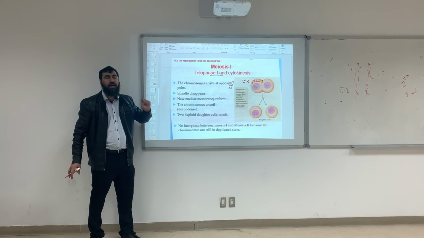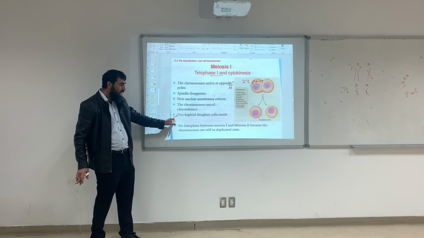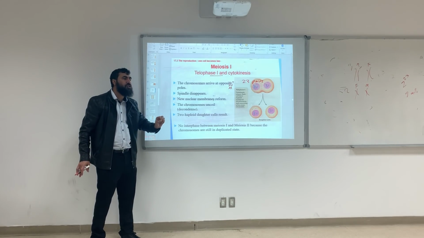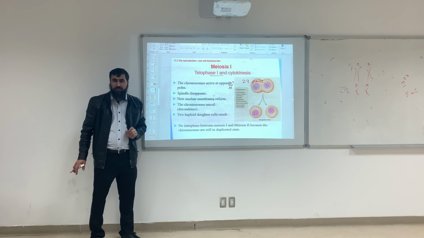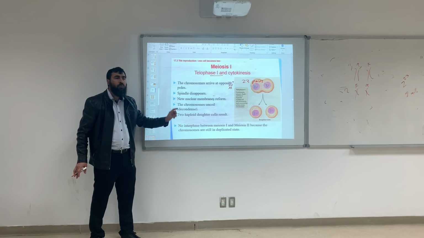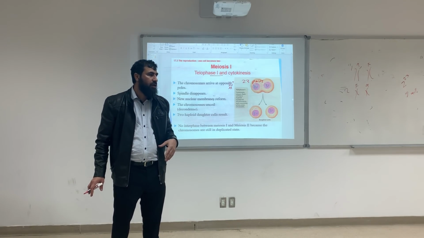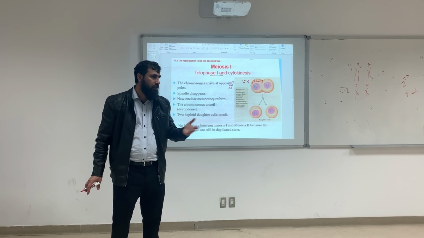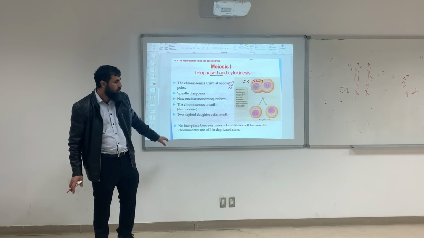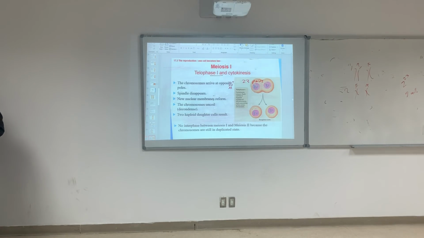But the chromosomes are still in the duplicated form, and there has to be another round of division. We don't have interphase between them. What do we call that? It's called interkinesis, okay? Remember we did it in the lab? It was in the lab manual. So there is no interphase. The cell goes straight into meiosis 2.